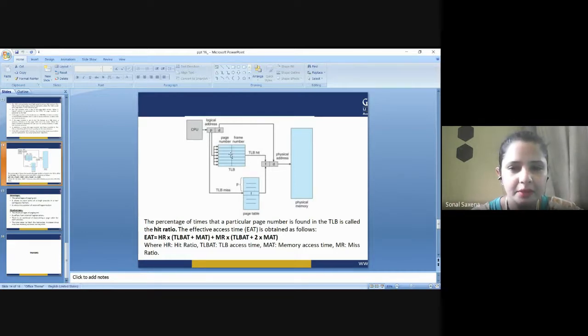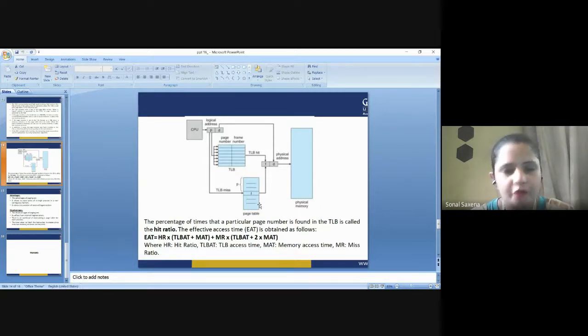If the page exists, there will be a TLB hit, and the page number will be storing the frame of it. So this frame will be given and the offset will be given, and it will create the physical address. But let's say there is a TLB miss, where the page does not exist. So in that case, I can't find the frame number.